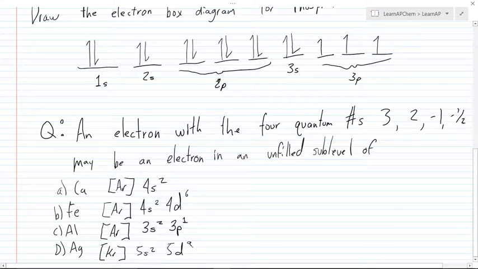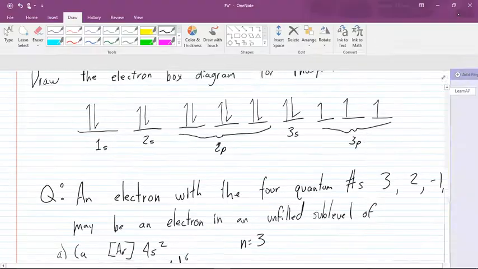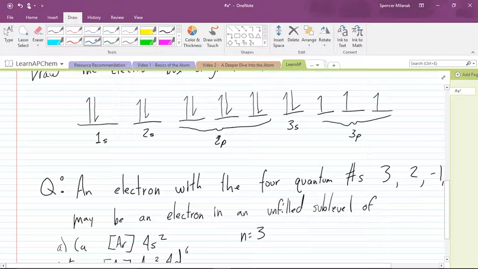Okay, so here I want to be looking at, well, which of these has n equals 3 for an unfilled sublevel? So if I look at the unfilled sublevels, calcium would be 4p. I will change color just to make this a little more clear.